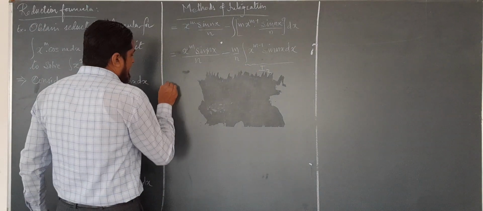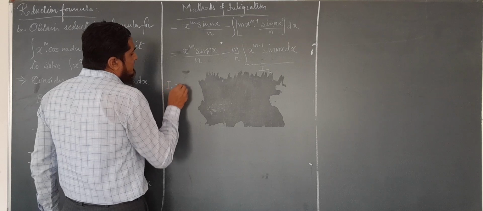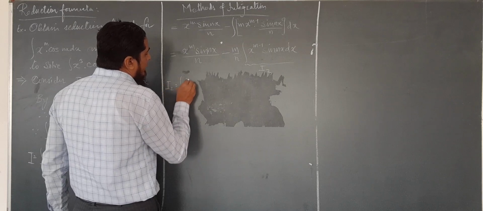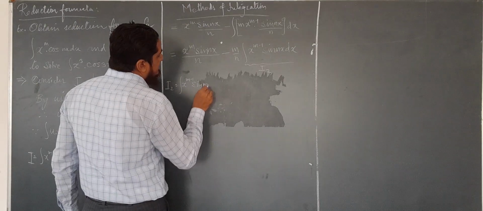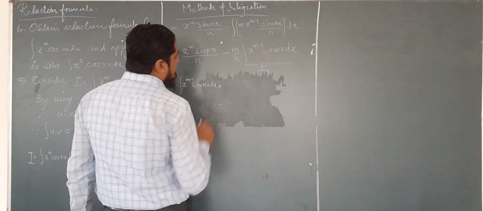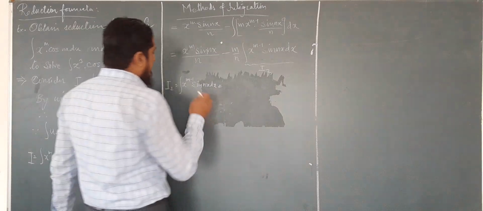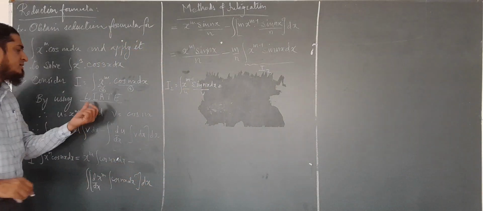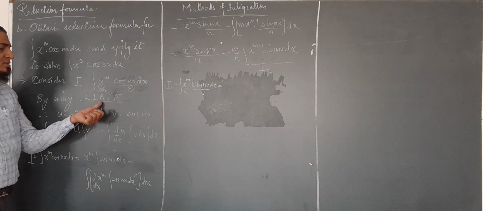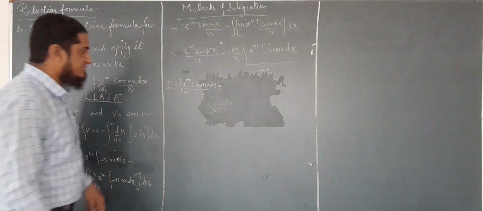We will get I2 is equal to integration x raised to m minus 1 sin nx dx is equal to, this one is u and this one is v, since algebraic functions come before trigonometric functions.